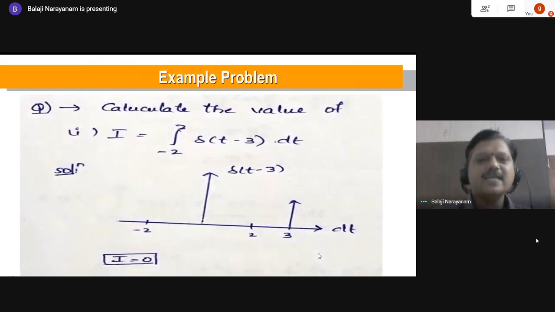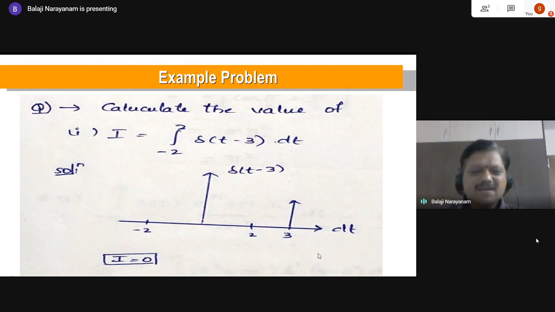Again, another typical example problem we may see here, we are given the integral. Why we are saying it is a typical or tricky problem is, whenever you get such an impulse function, you should be very cautious in observing the given limits. The function given is delta of t minus 3, but the limits are minus 2 to plus 2.